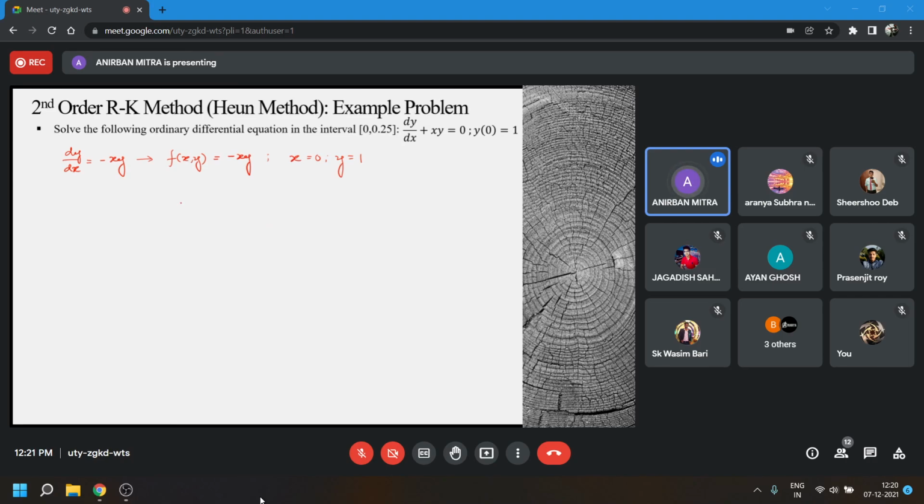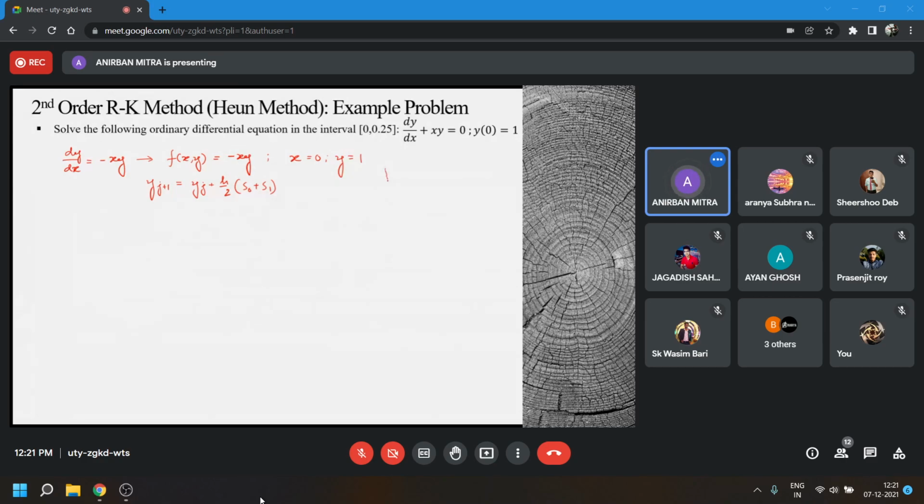And the formula that we will be looking to apply for RK2 is yj plus 1 is equal to yj plus h by 2 times S0 plus S1. I'm not going to change the subscript of this to avoid confusion and make it much more clear.